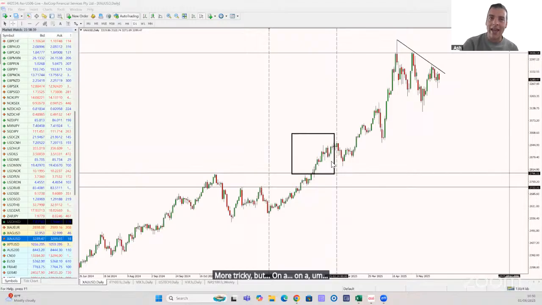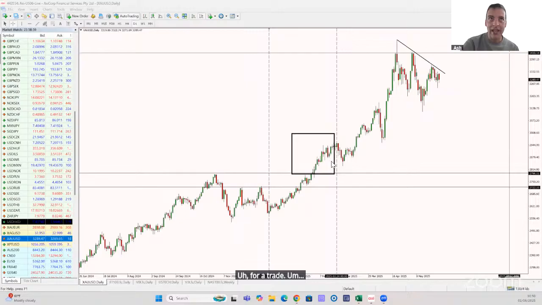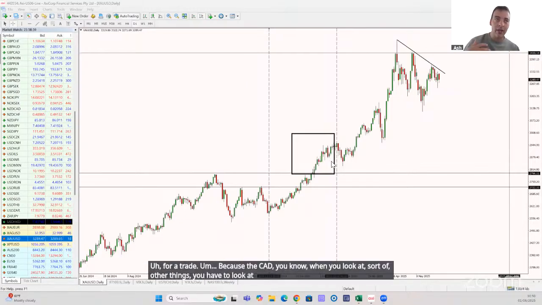Where it comes to the CAD and the Swissy, or the CAD and the yen particularly, you can look at it for a trade. Because with the CAD, you have to look at balance of payments, and at global assets owned as well, which is why the Swiss is so strong. They are net owners of global assets.